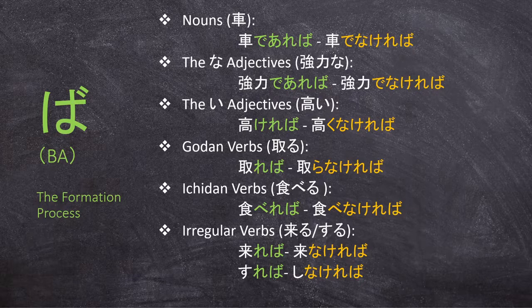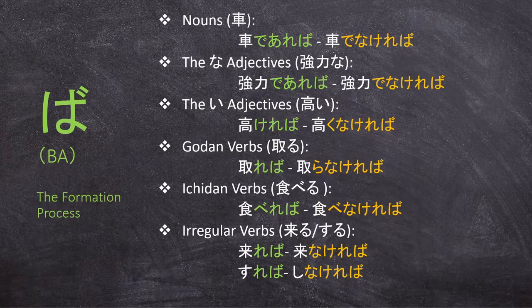So as you can see here, all of these word types are heavily dependent on various suffixes in order to use ba correctly. In case of verbs, you always need to form the conditional stem and only then add ba. In the case of i adjectives, you need to remove the final i and add kereba in case of a positive condition.